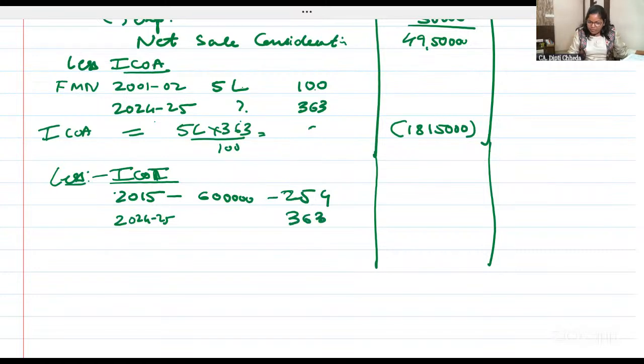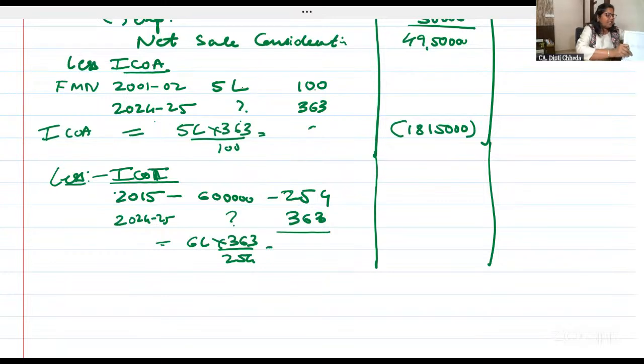What was available for 254 has become 363. So what will be the index cost of 6 lakhs? 6 lakhs into 363 divided by 254.